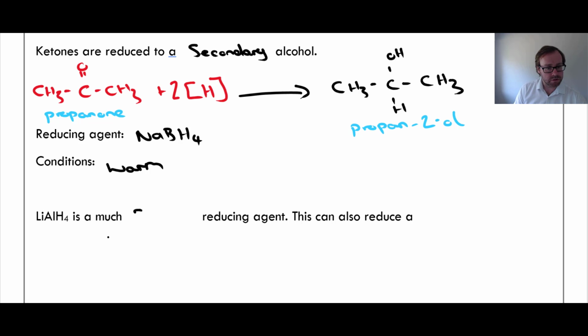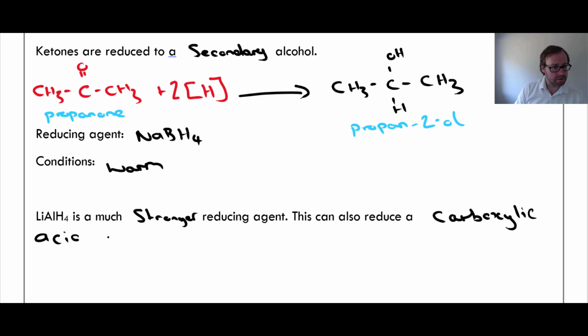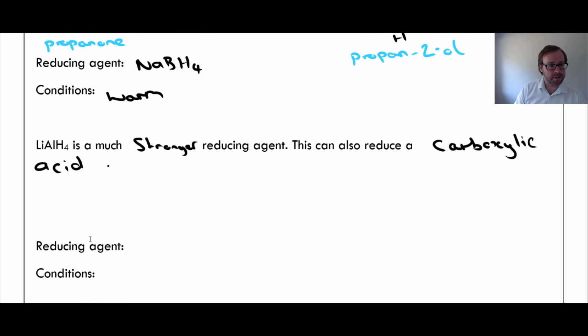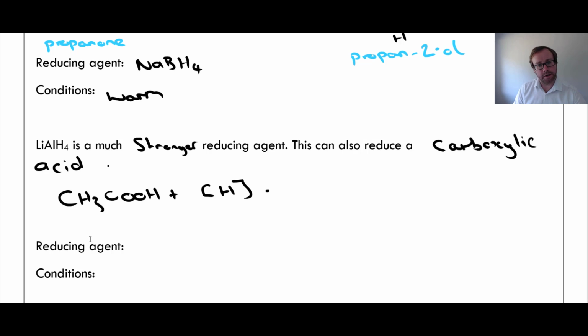LiAlH4 is a much stronger reducing agent. This can also reduce a carboxylic acid. I'm going to give you a carboxylic acid, and I want you to think what it will be completely reduced to.